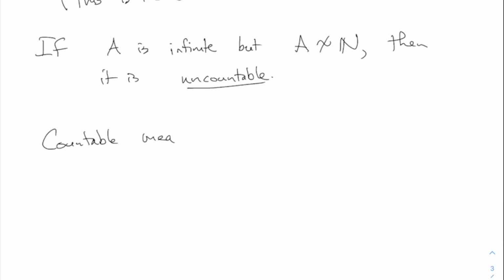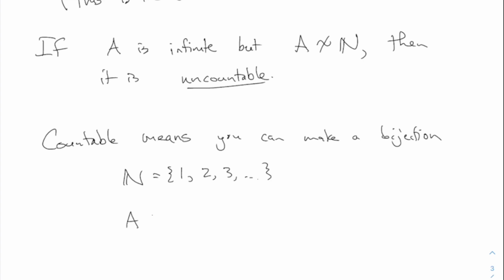The reason why this word is used, it means you can make a bijection that goes between, say, your set A and the set of natural numbers, 1, 2, 3, etc. And if it's countable, what that means is there is some way to arrange the elements in a bijection like this, right?